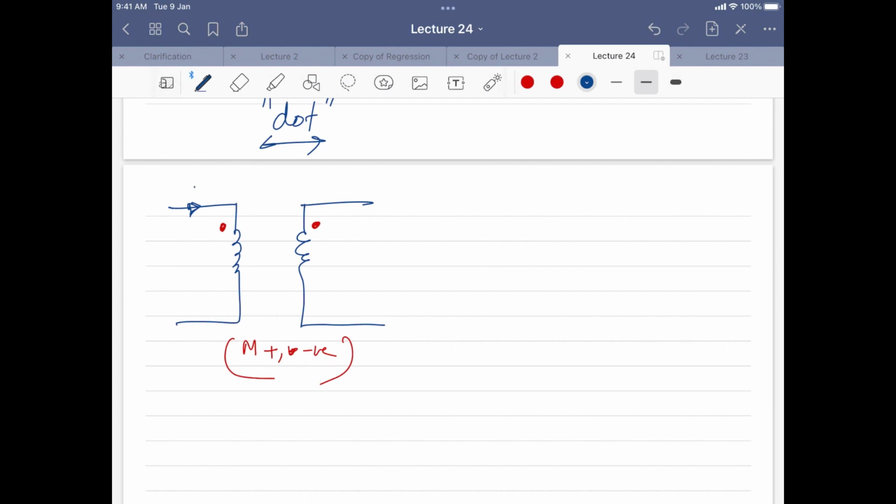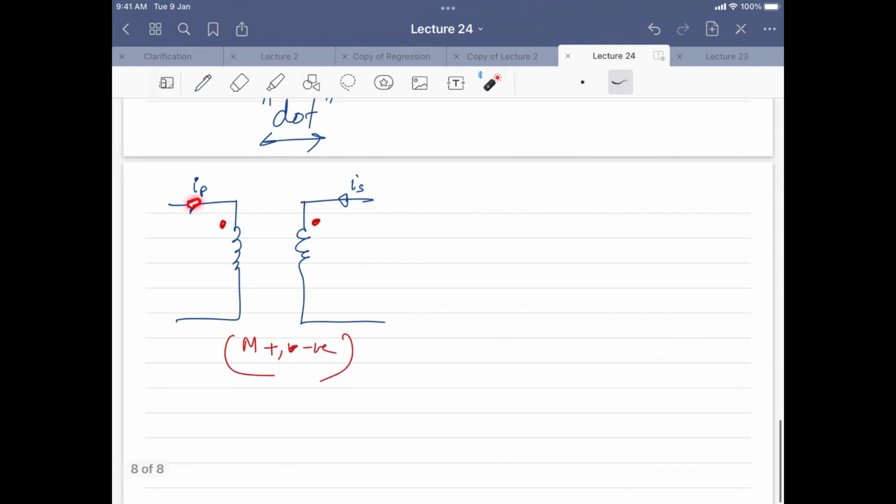If you have a current I going in this particular coil, and the current I secondary going in this coil on the right side, then if the current is flowing into the dot, and the current in the secondary side is also flowing into the dot, we take M as positive.